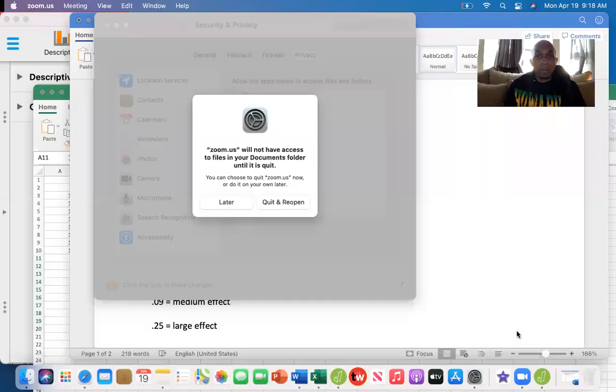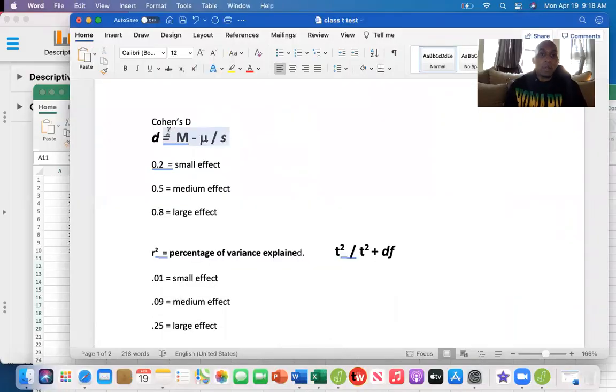When we look at Cohen's d, I'm going to share the screen so you can take a look at the formula. Here, we actually remove the n.